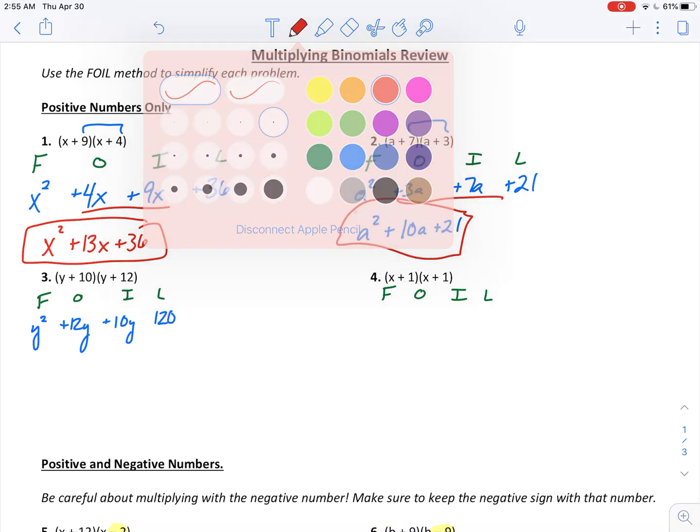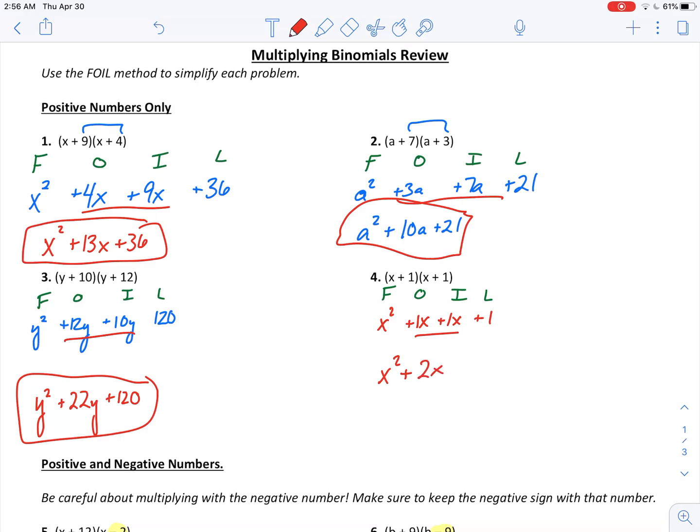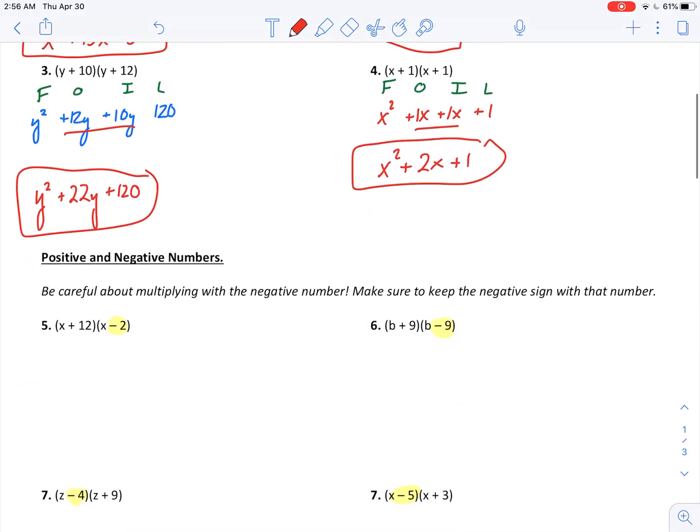So my final answer, after I combine my like terms, would be y squared plus 22y plus 120. And here I've got x squared plus 1x plus 1x plus 1, or x squared plus 1 plus 1 is 2x plus 1. So that's positive numbers only.